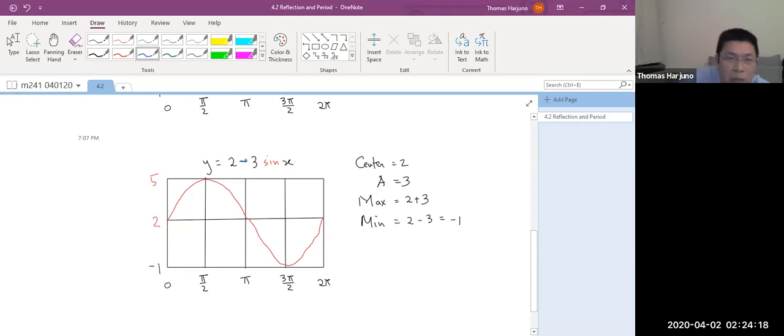Then what happens is, instead of following the red color, you need to flip that upside down. You see what I mean?